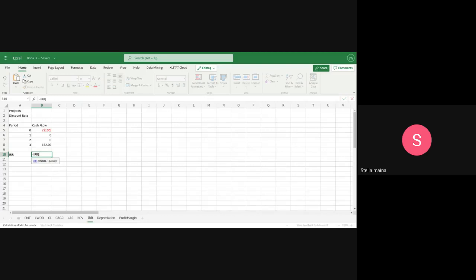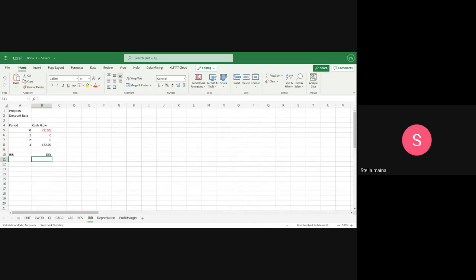My values is from B5 up to B8. With that, I can see that my IRR is 15%.